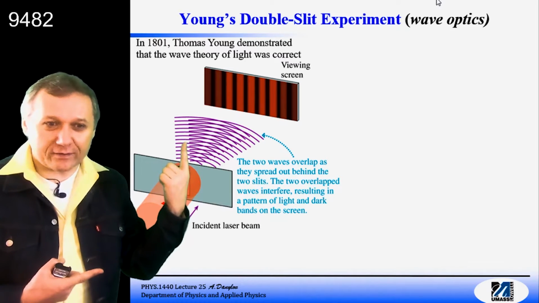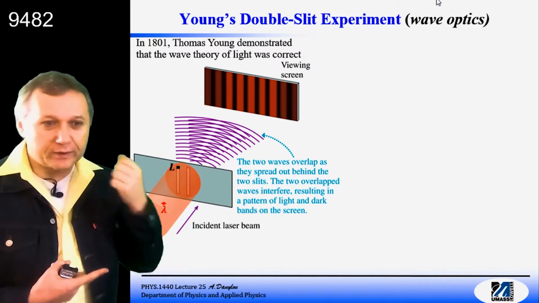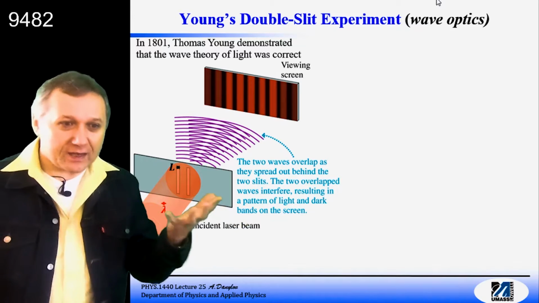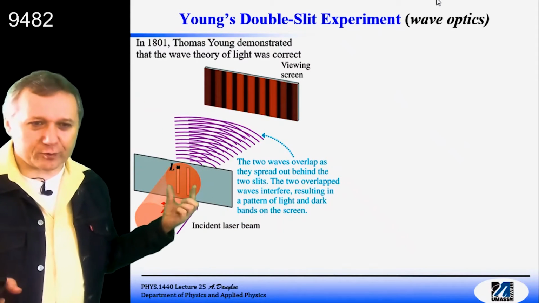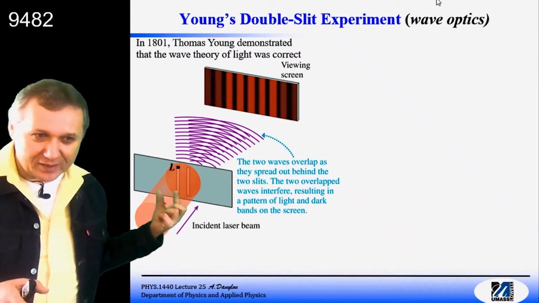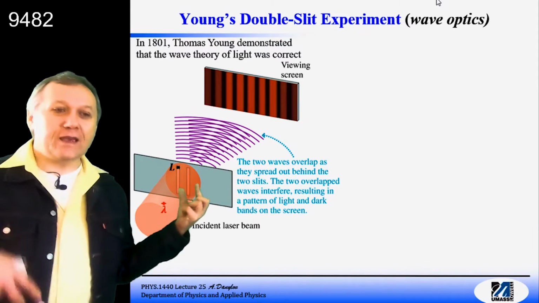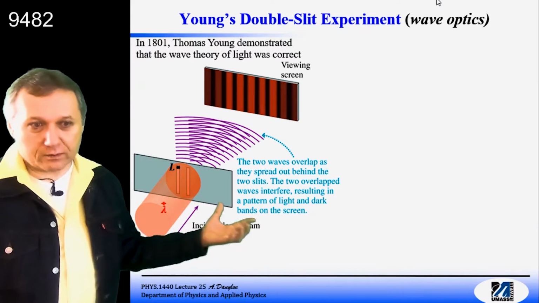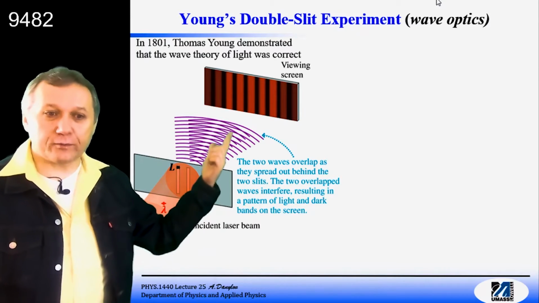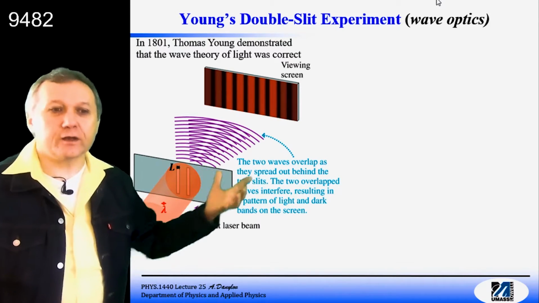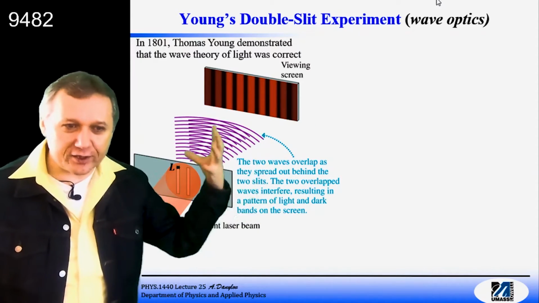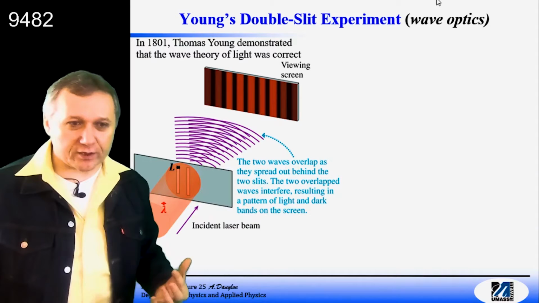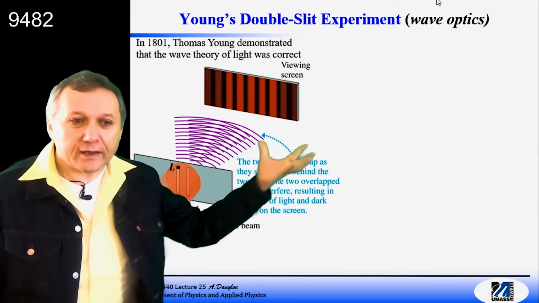They have the same amplitude, the same wavelength, and the same period. Two identical waves, of course, are going to interfere. So all that stuff which we derived in our previous recitation class and which I refreshed just now can be applied here.